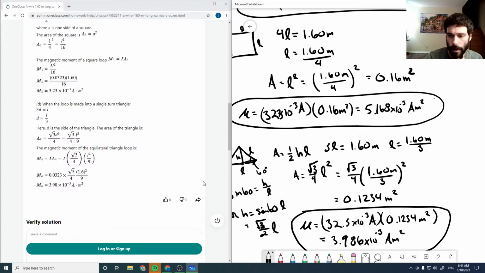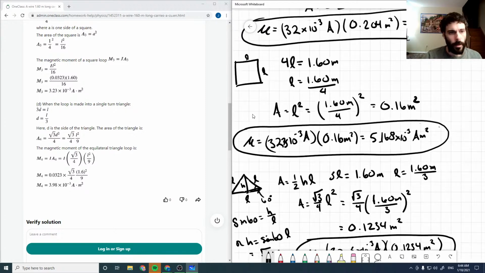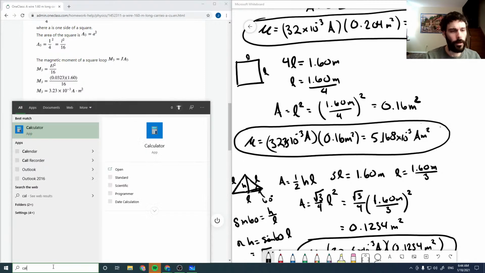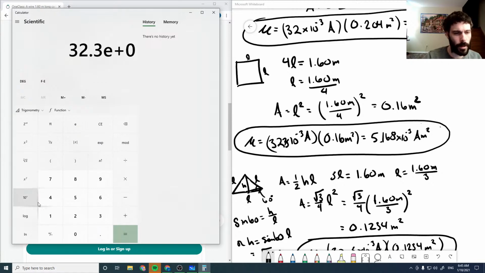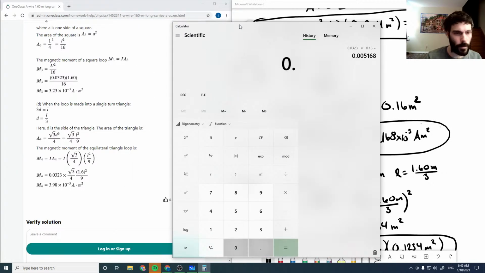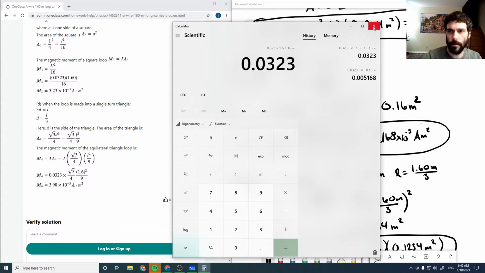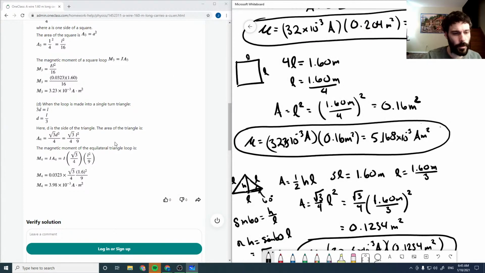The equilateral triangle looks right. I might double check their math with the second one just to be sure. So 32.3 times 10 to the minus 3 times 0.16 is 5.168. And then if I do theirs, yeah, so they missed the L squared in this for the square.